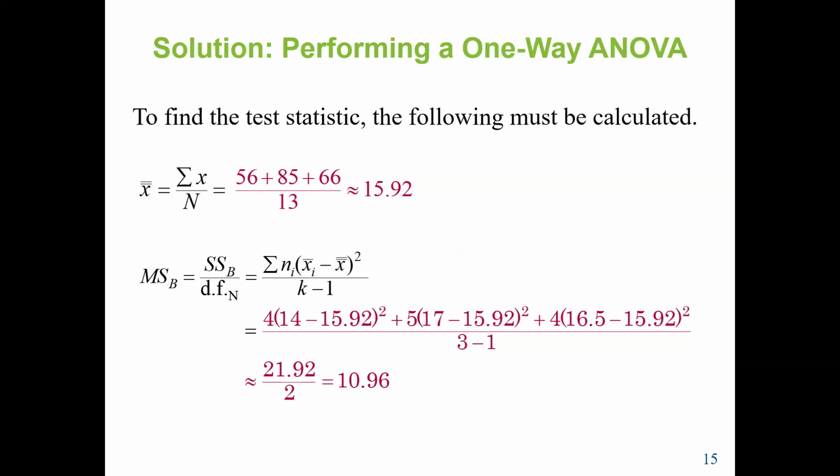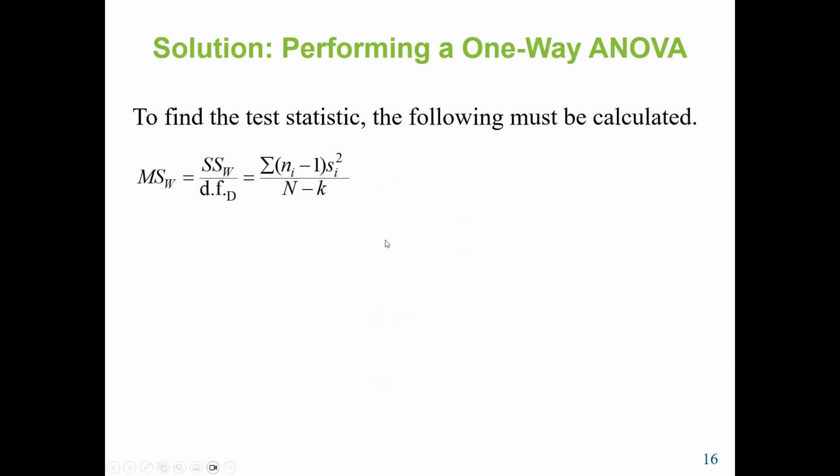If we do our calculation, we will get 21.92, then we divide by 2, and that will give us 10.96. Now, to find the test statistic, the following must be calculated. We need to find MSW, which is SSW over DFD.